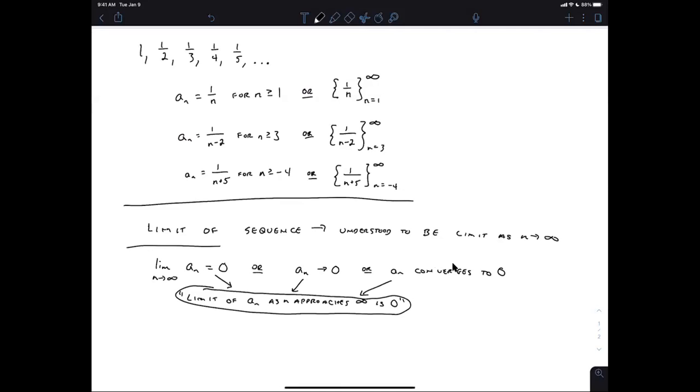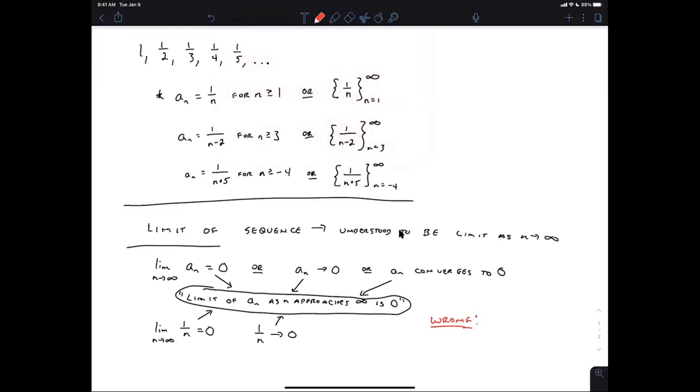We can also write the limit using this first representation: the limit as n approaches infinity of 1 over n equals 0. That means the same thing when a_n is 1 over n, and you can write 1 over n goes to 0. If you took Calc 1, notation should have been very strict and not allowed something like this.